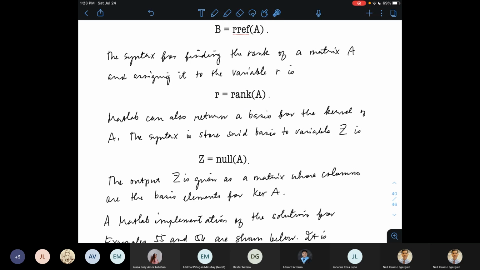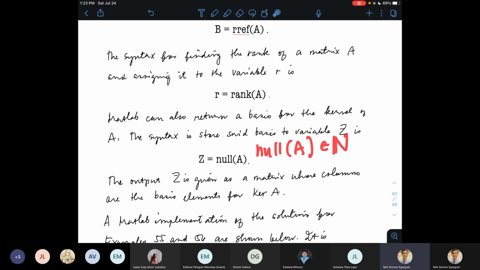Okay. And then also better is that MATLAB can provide us a basis for the null space or for the kernel of the matrix A. So that's what MATLAB calls null(A). Though medyo magkaiba na tayo ng notation with MATLAB because our null A is the nullity ng matrix A. So ibig sabihin ito ay natural number.